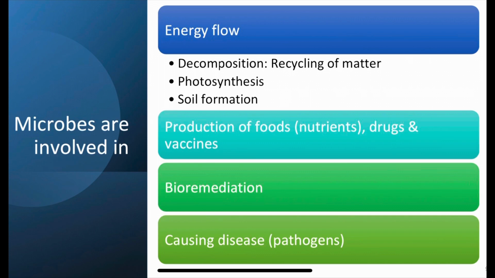There are other microorganisms that are involved in photosynthesis, others in soil formation. They make it better for us. We use microbes in the production of foods, for nutrients, drugs, vaccines. Microbes play a big role in bioremediation and oil spills. And microbes, of course, are involved in causing disease, and that's really the part which we'll look at later on.